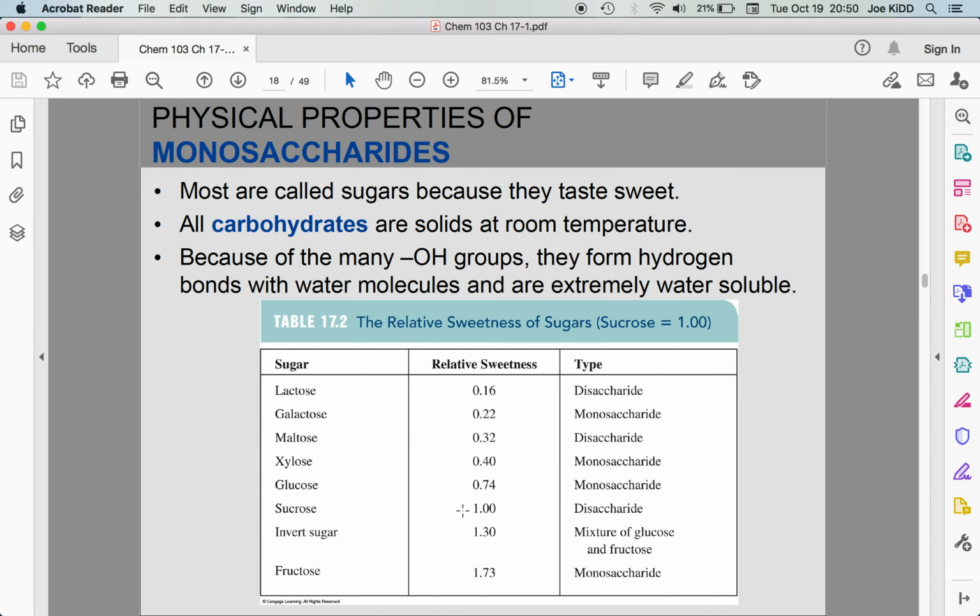So think about this in terms of what we learned in Unit 2 about intermolecular forces, the ability to hydrogen bond. Because pretty much all of these carbohydrates have these polyhydroxyl groups on them, or have many OH groups, they're all capable of doing hydrogen bonding interactions with water, and therefore carbohydrates are very, very soluble in water.